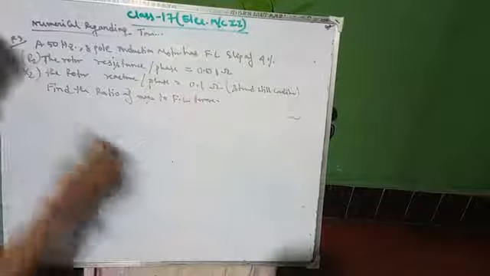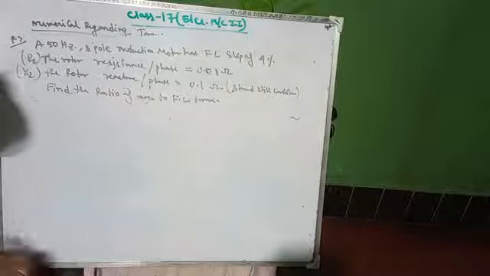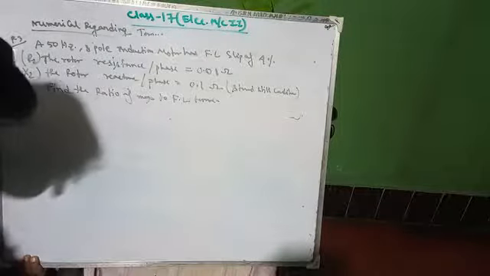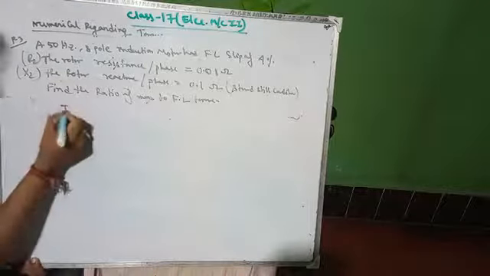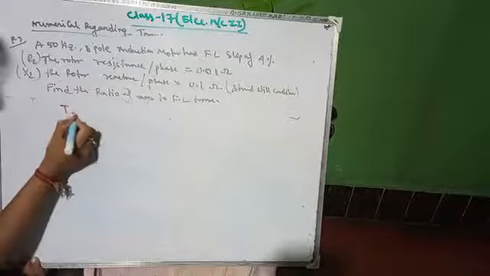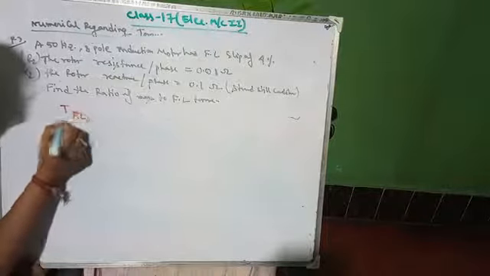I have already used this relation, right? So now again I am writing: T of FL by T max.